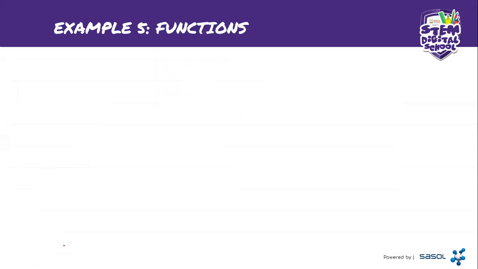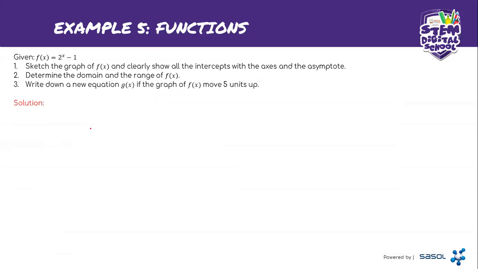Example 5. All right. Given the function f of x equals 2 to the power x minus 1, you can see this exponential graph.